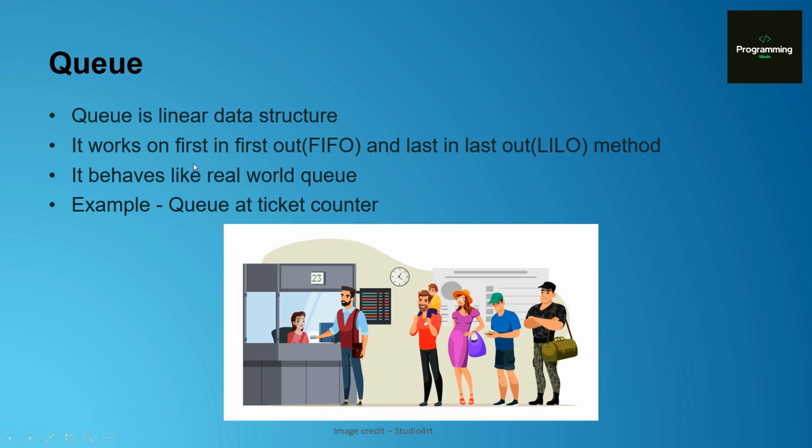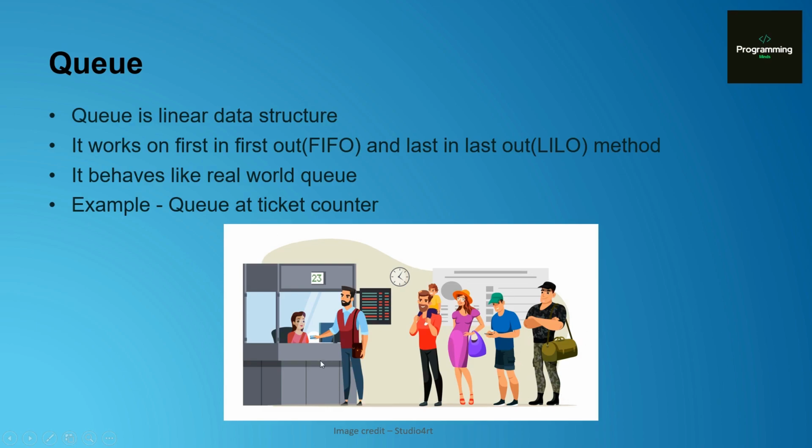So as I have mentioned, it works on first in first out method. When we see the real world example of queue, as I have shown in the image, we have a queue at the ticket counter, where the first person is purchasing a ticket first, and he will go out of the queue first, and the one who came into the queue last will go out of the queue last.